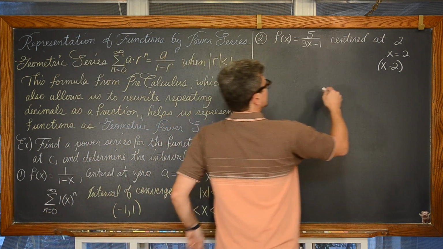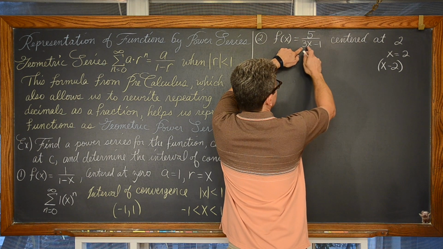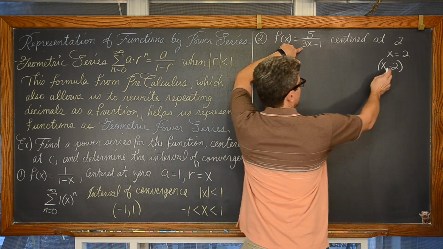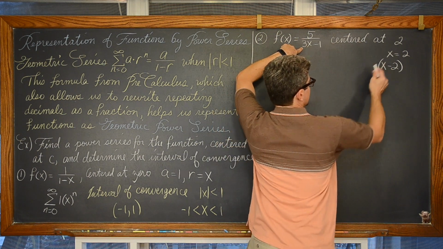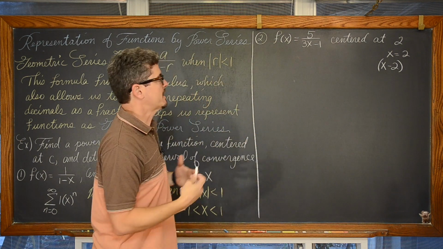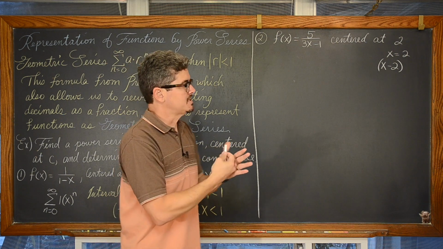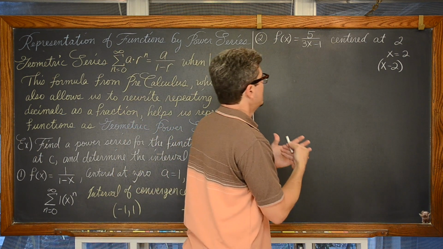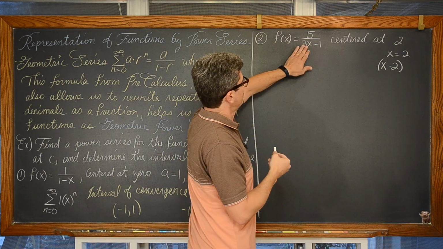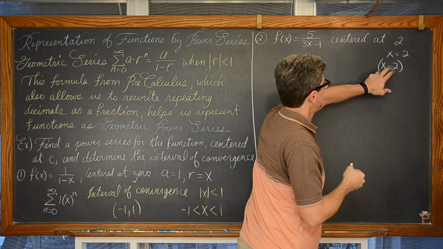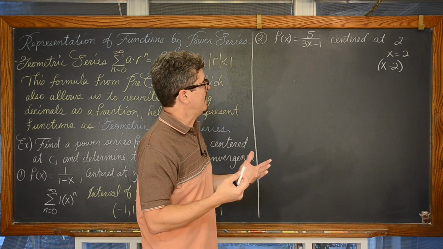So we have a 3 in front of the x, and to highlight that we needed an x minus 2 in parentheses in the denominator to have that center at x equals 2, we would have to factor the 3 out of the x. Well, how's that going to happen?